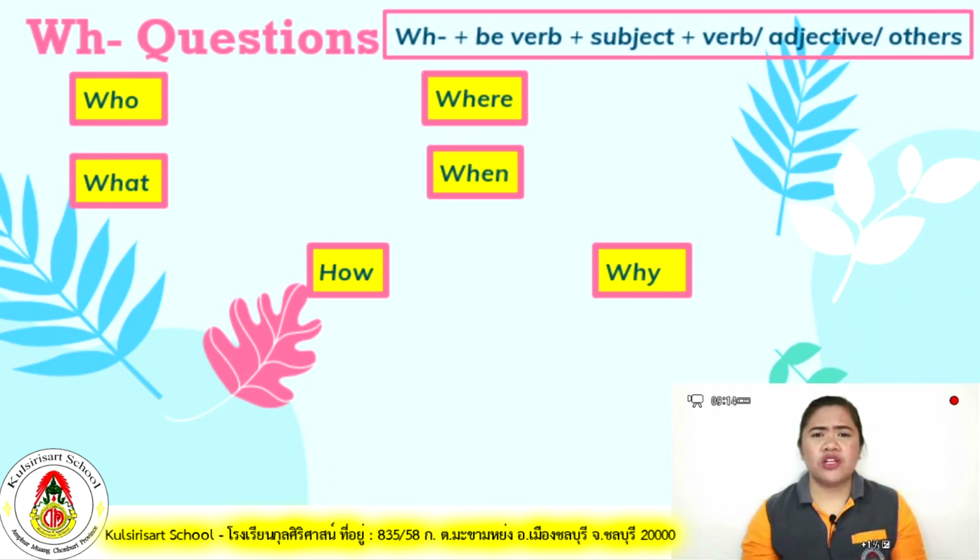Now I want you to do a heads up, and then try to enumerate the words included in the formula of a WH question. It starts with, raise your head, WH word, be verb, subject, and the continuation from the declarative sentence. Okay, let's try. Raise your head. 1, 2, 3, start.